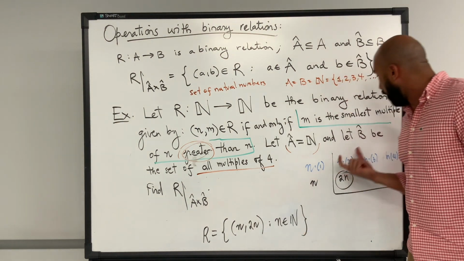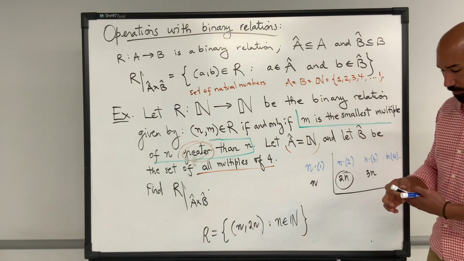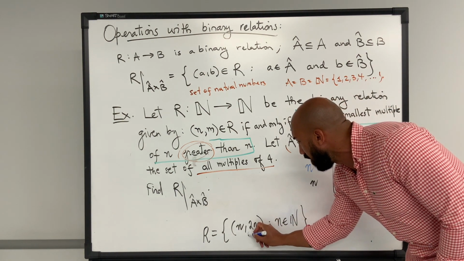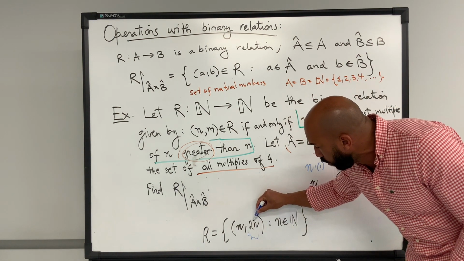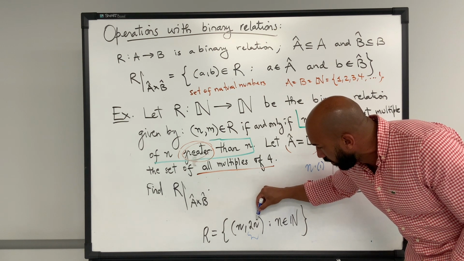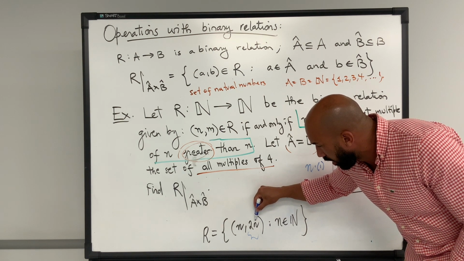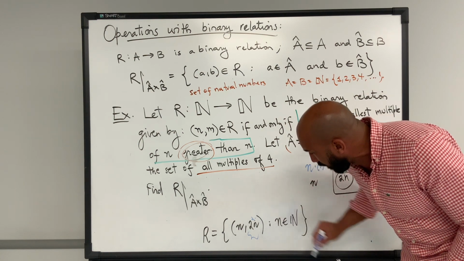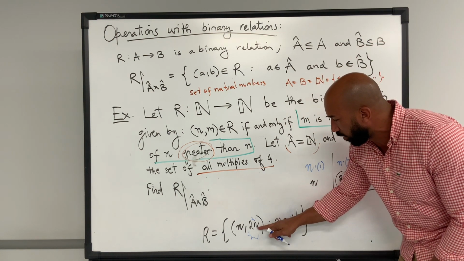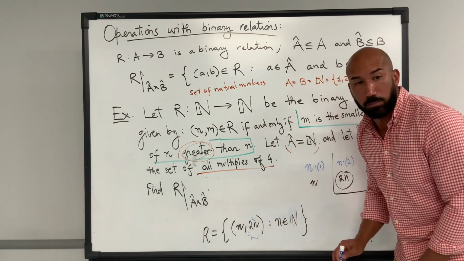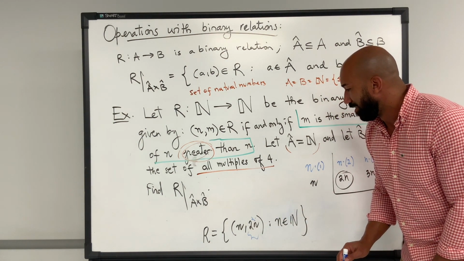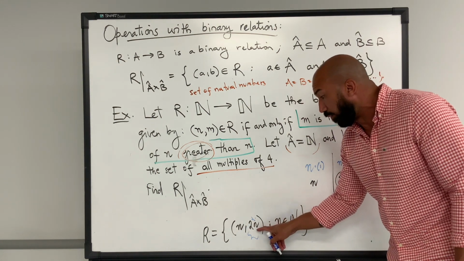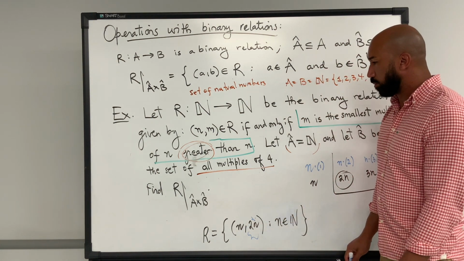But the second component has to be a multiple of 4. For this to be a multiple of 4, since this is already even, what we need is one more factor 2. Okay? So we need to get 2 as a factor of n. But if 2 is a factor of n, that means that n must be even. Okay? If n is even, this is going to be a multiple of 4. If this is a multiple of 4, n must be even.